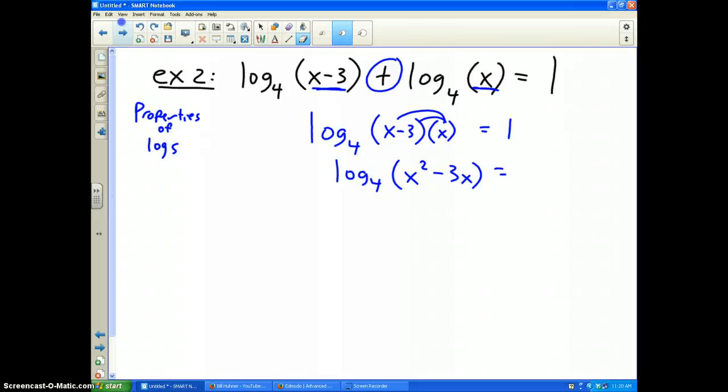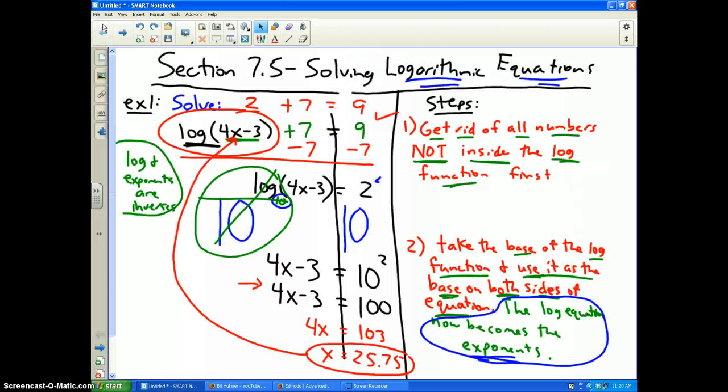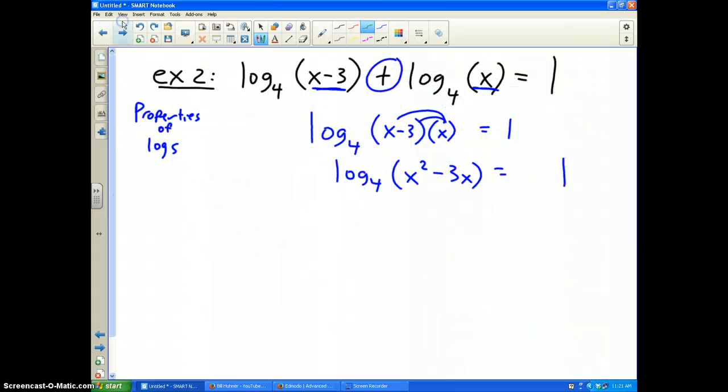All right, now, as I did on the prior slide, I've got to do step 2, where I take the base and make it the base of the equation. So in our problem, our base is now a 4, which means I use 4 as the big number, and what's in blue is now my exponent.